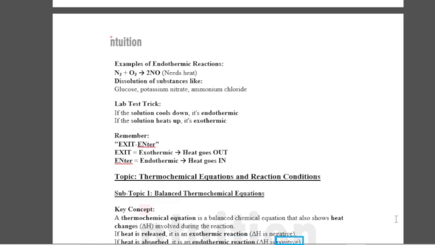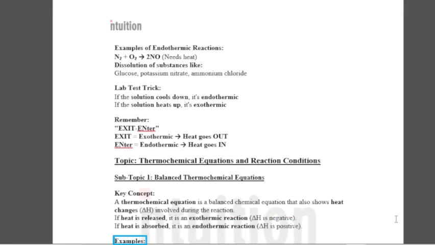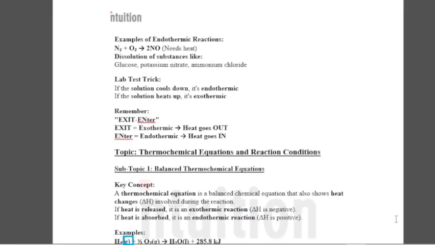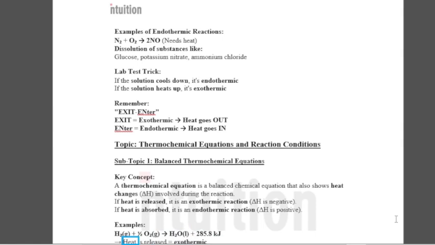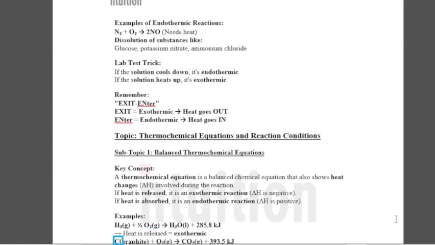If heat is absorbed, it is an endothermic reaction. Delta H is positive. Examples: H2(g) plus a half O2(g) gives H2O(l) plus 285.8 kJ, heat is released, so it is exothermic. C(graphite) plus O2(g) gives CO2(g) plus 393.5 kJ.